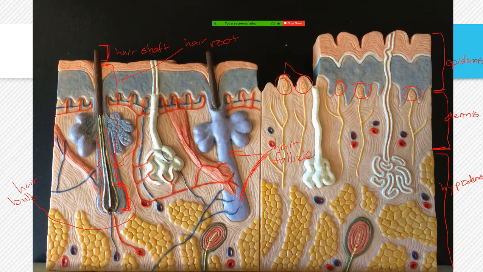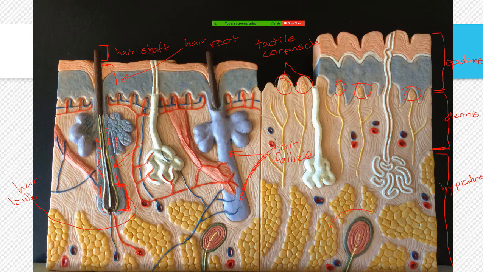No. It is a mechanoreceptor, you're absolutely right, but we gotta be a little bit more specific. What kind of mechanoreceptor is this? This is called the tactile corpuscle. Okay, or tactile, or Meissner corpuscle. Either one is fine.